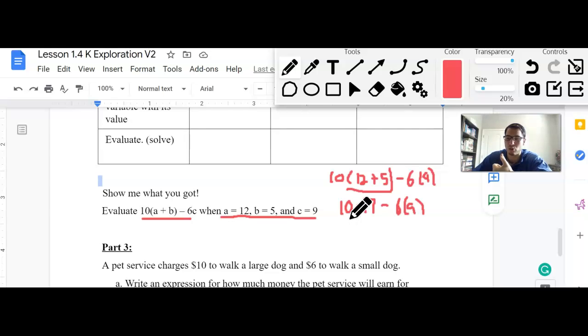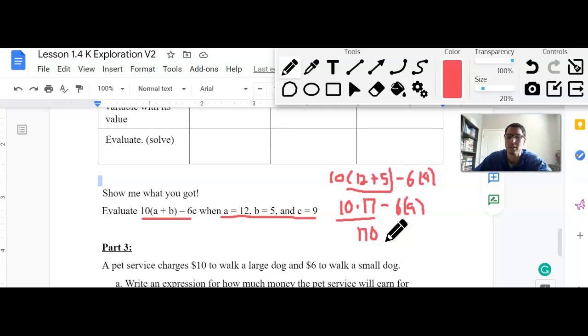So no parentheses or grouping, no exponents, so multiplying and dividing from left to right. So I see multiplying here. So 10 times 17 is 170. When you multiply by a power of 10, you take the number, then how many zeros it has just goes on the end.